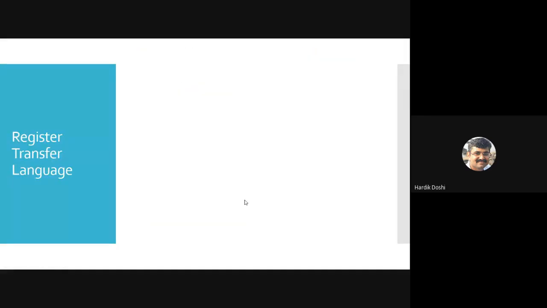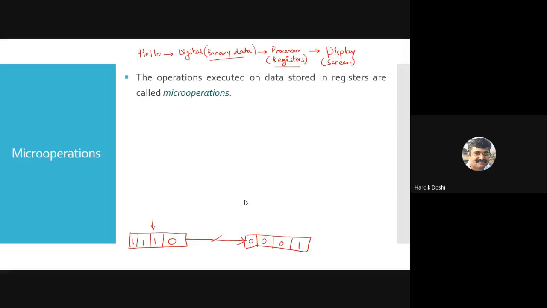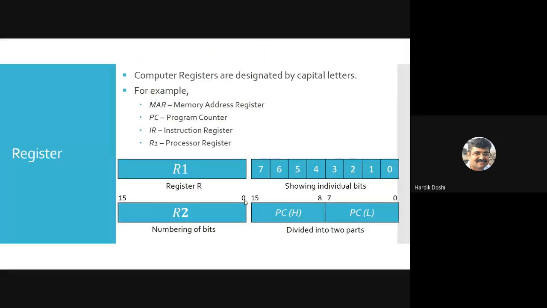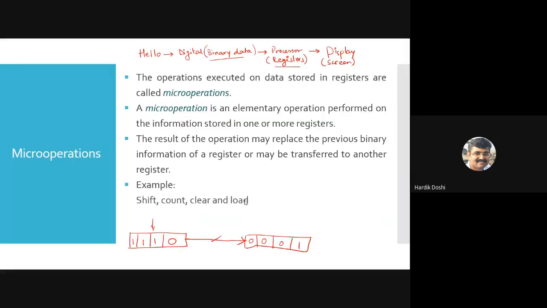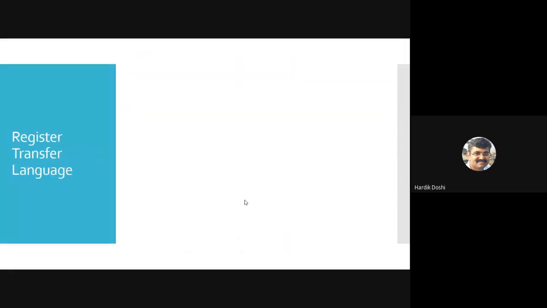Now the next term comes. We had studied two terms. The first term was register, the second term micro operation, and now the third term comes into the picture, that is register transfer language. See, you have two registers, let's say register R1 and register R2.